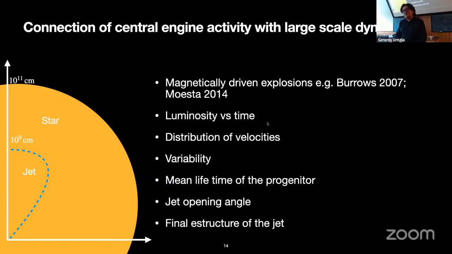For example, the history of the luminosity, how the luminosity is changing with time, the distribution of the velocities, the variability of the central engine, the mean lifetime of the progenitor, which is the time duration of the GRB, the jet opening angle, and the final structure of the jet, which is related to the afterglow emission. So we can say something about the connection with the central engine at very large scale dynamics.